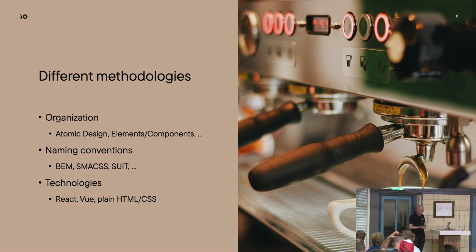Then there's naming conventions: BEM, SMACSS, SUIT, all ways to name your classes. And then, of course, different technologies. React and Vue have their own ideas of components. And then, of course, plain HTML, CSS, that sort of thing.